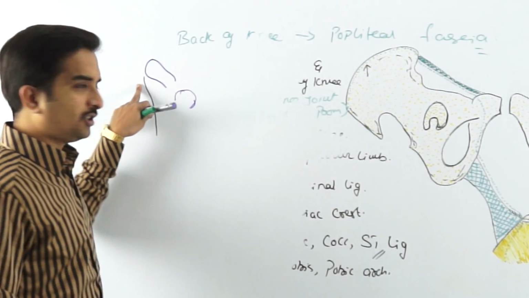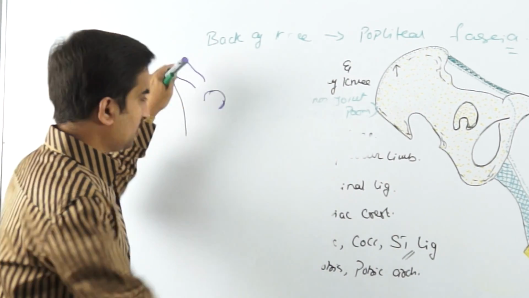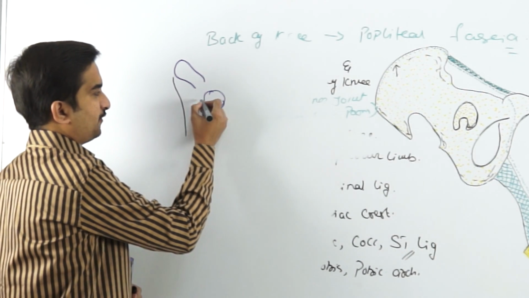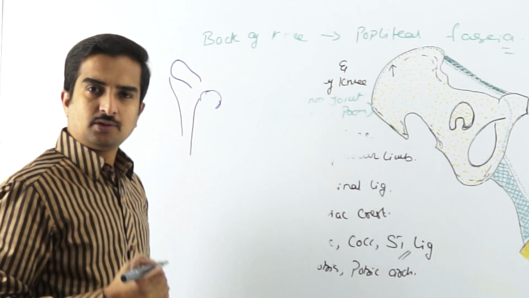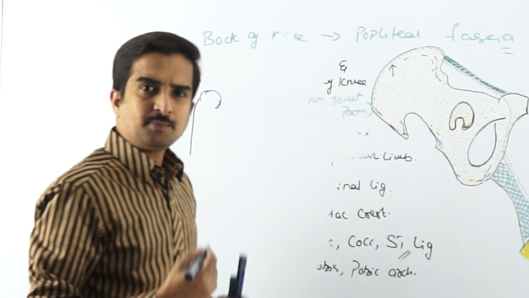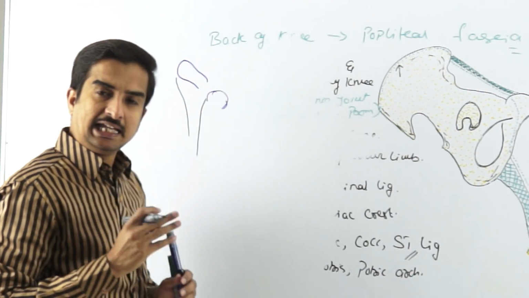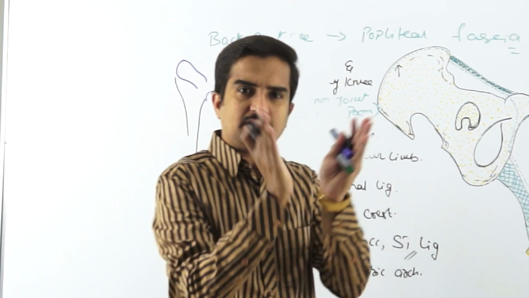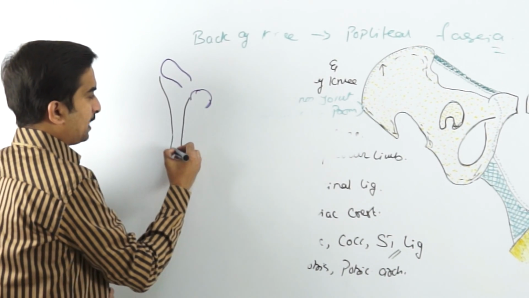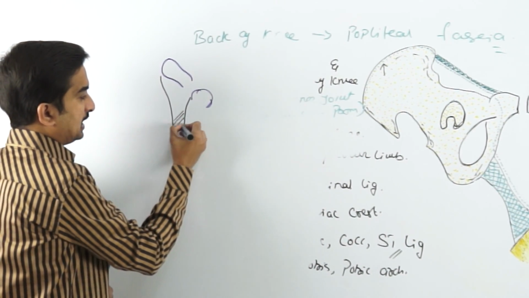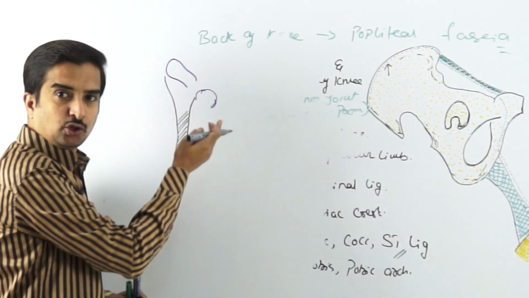It is attached to the tubercle of the external part of the iliac crest, and also it extends from the capsule of the hip joint. Which means that in its upper part the iliotibial tract splits into two, or you can say in its upper part the iliotibial tract has two laminae.